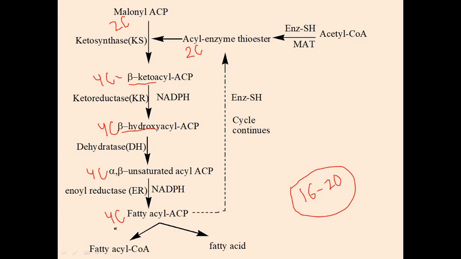For this, 4 carbon will not satisfy as a fatty acid, so the cycle must continue. Further 2 carbon will be added in this system, and it will be 6 carbon next time, and further 2 carbon will be added, it will be 8 carbon next time, and in this way the cycle will continue.